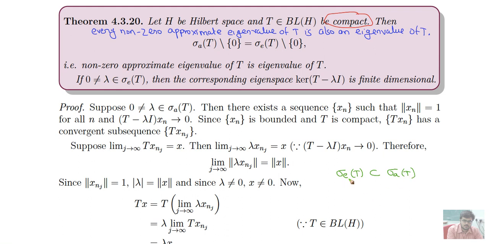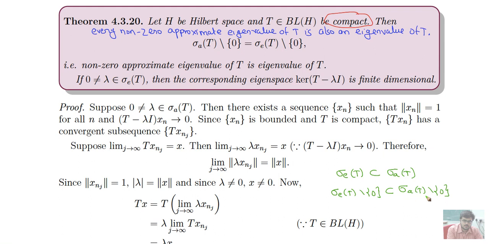So every eigenvalue of T is also an approximate eigenvalue of T, and we can remove 0. Suppose I remove 0 from this, then I can write it like this. This side is anyway true in general, but what it says is, if T is compact, then every non-zero approximate eigenvalue of T is also an eigenvalue.